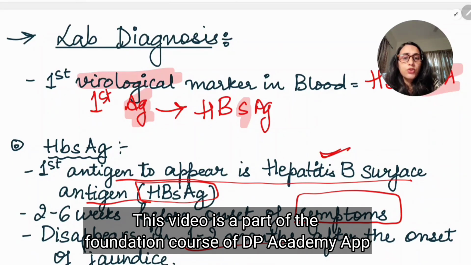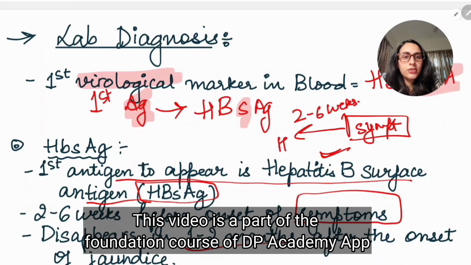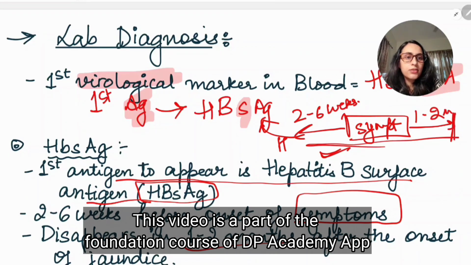So if this is the symptom period, when the patient is going to show jaundice symptoms, 2 to 6 weeks before you will see the surface antigen appearing in the blood, and after 1 to 2 months, you will see that surface antigen is still in the blood. So it stays for a long period of time.